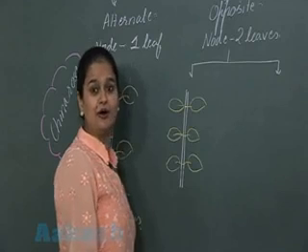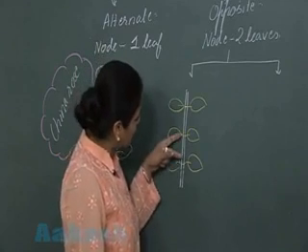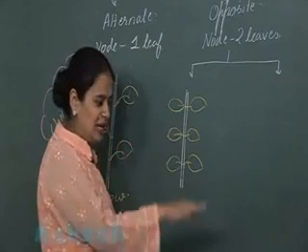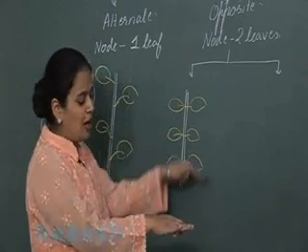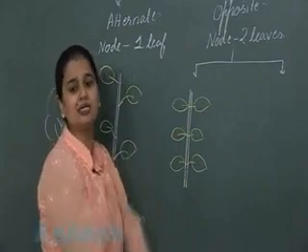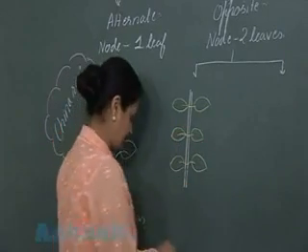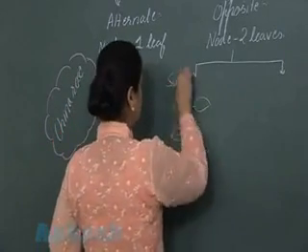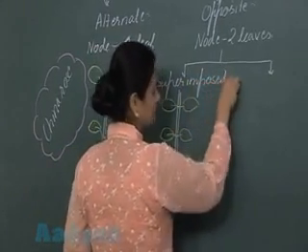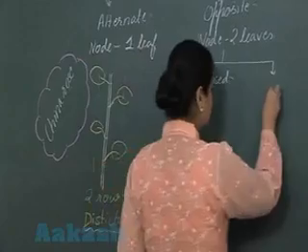So when the pair of leaves present on the nodes, they are present in the same plane. That is, एक पेयर ये है लीव्स का और इसी के ऊपर ही ये एक पेयर है लीव्स का. Then this type of the condition, this is known as superimposed type.